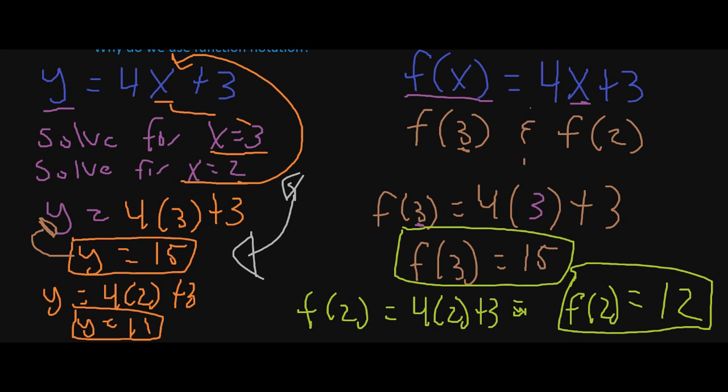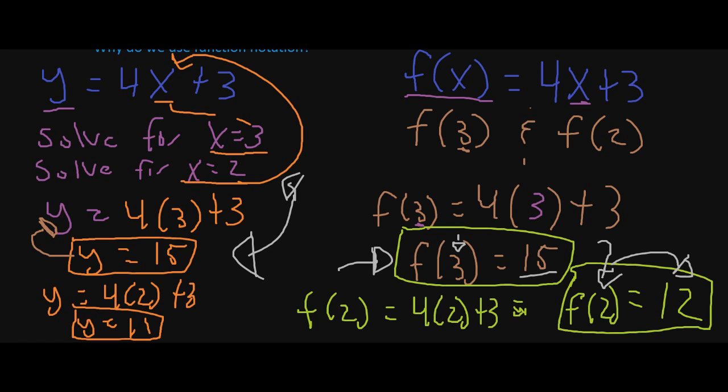Here I just have y equals 15, and here I have y equals 11. Over here, under function notation, I know I plugged in 3 and I got 15. I know here I plugged in 2 and I got 12. So when we use function notation, essentially it lets us know what number we plugged in and then what number we got when we solved for it.